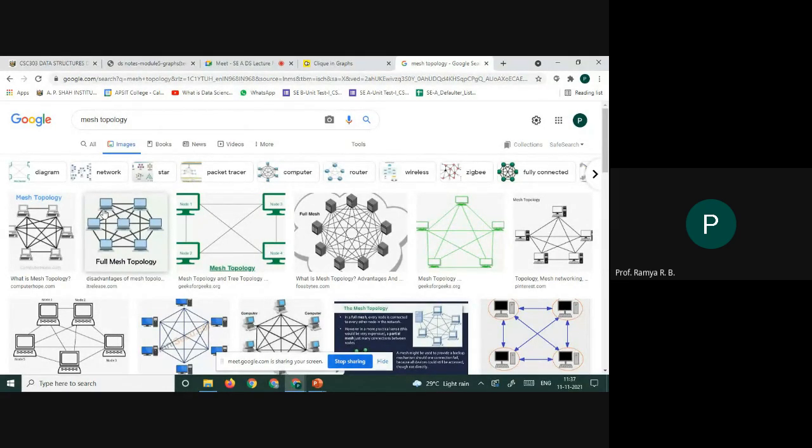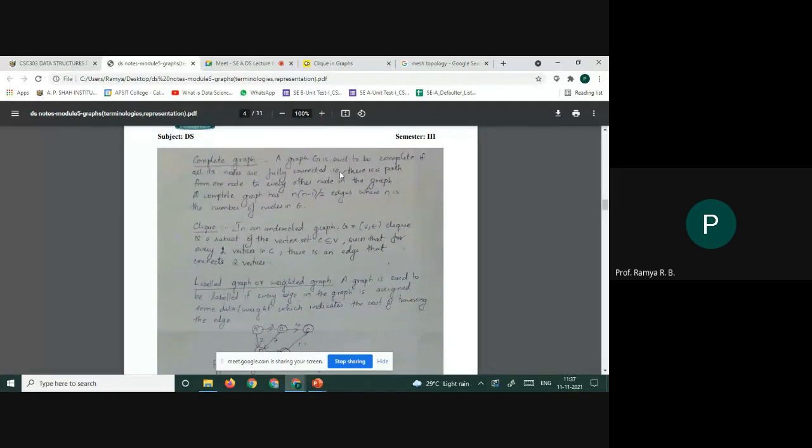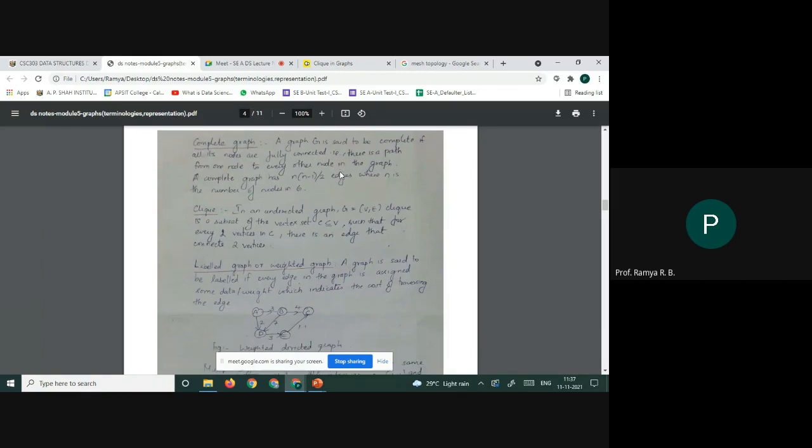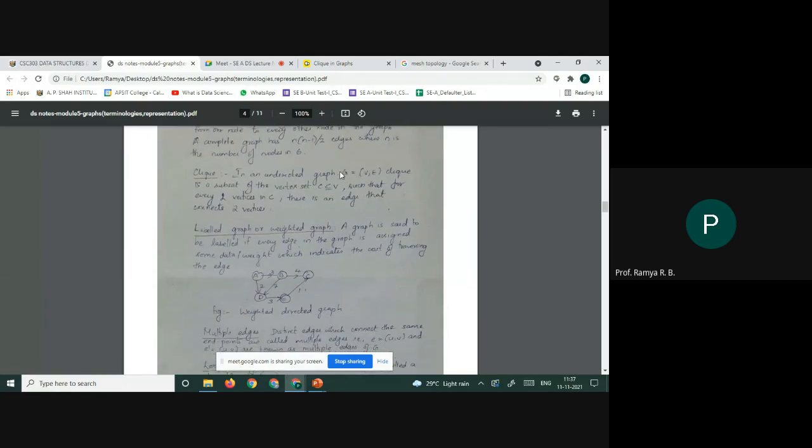Here, what is the number of nodes? 7 nodes, right? 7 computers. So how many edges will you require? You will require 7 into 7 minus 1 by 2 edges to fully connect these computers in your network. Okay, that is a question which was asked before in the GATE examination quite long back, but nowadays they don't ask such very simple questions. So that is complete graph.